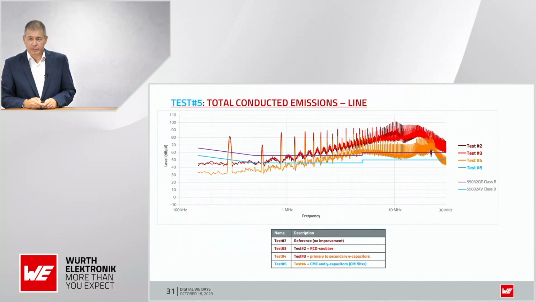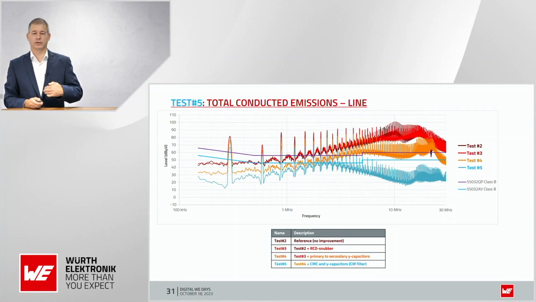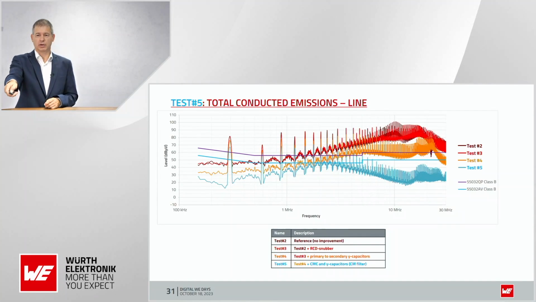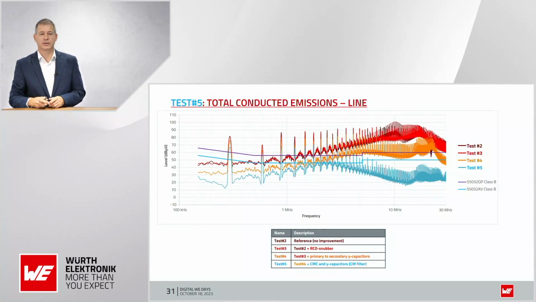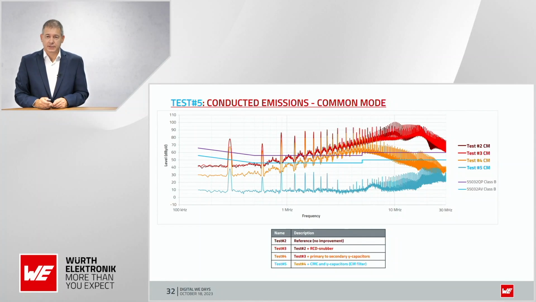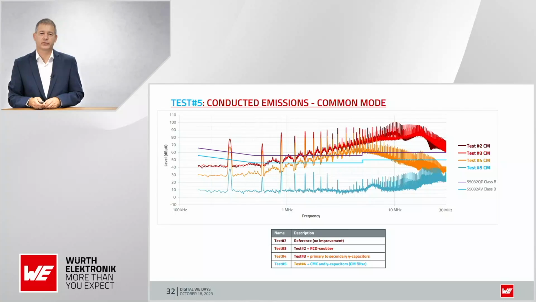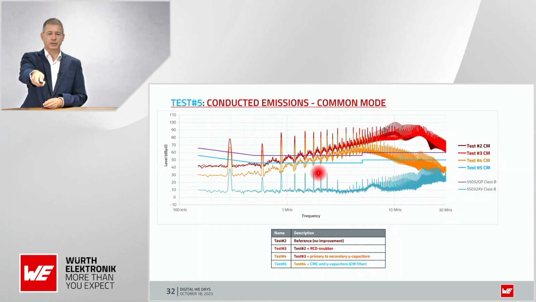What happens? We will see in test 5 in blue. We drop down again in the higher frequency area of the conducted measurement. We get here again a corner frequency at around 2.5 megahertz, which I will explain a little bit later. And the common mode itself, without any other noise, drops completely down below the limit line, the blue limit line here.